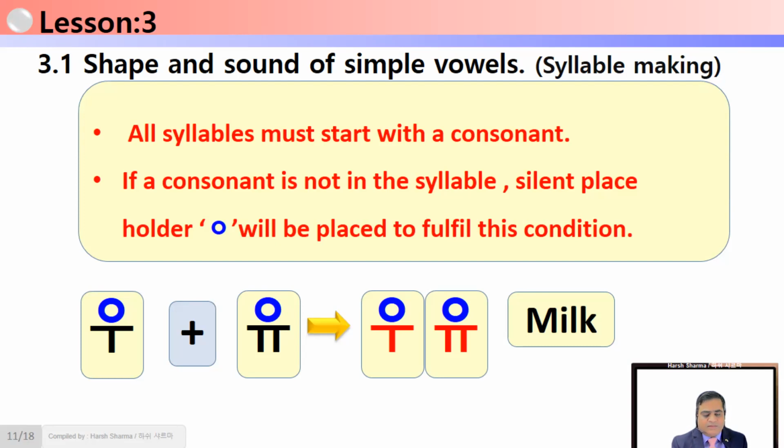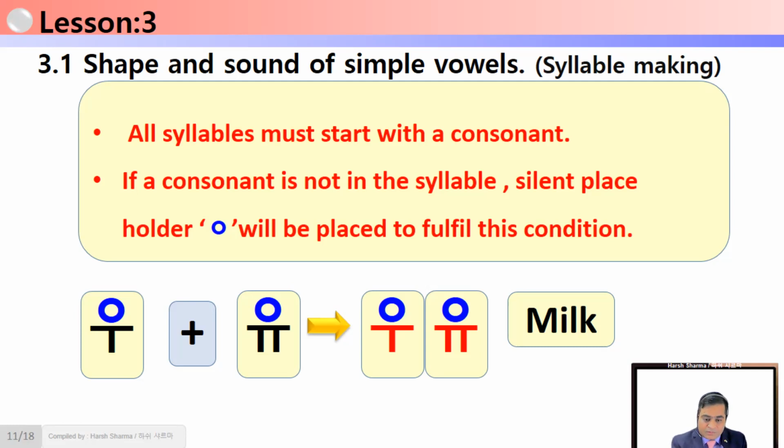All syllables in Korean must start with a consonant. There must be a consonant first, then we can add one vowel. Again, I'm repeating, all the syllables of the Korean language must start with a consonant. But in uyu, there was no consonant.